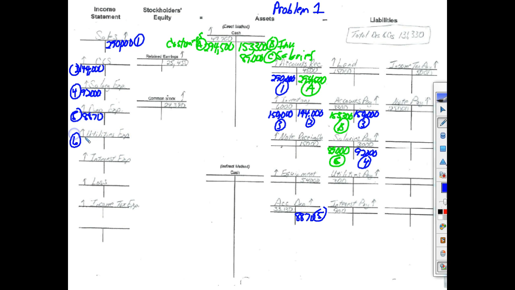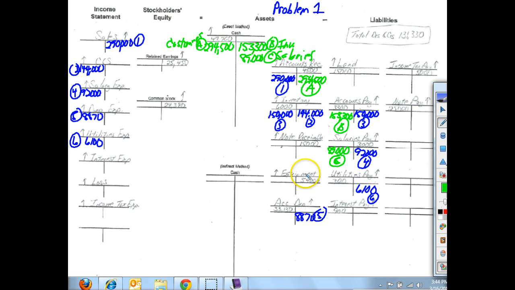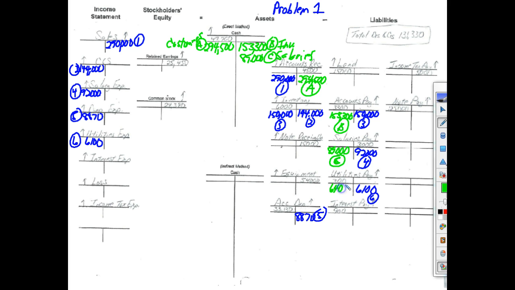Utilities expense, $6,100. Utilities payable, you can see is the related account, and then we can solve for cash paid for utilities, $6,400. Transaction D. So $6,400 cash paid for utilities.